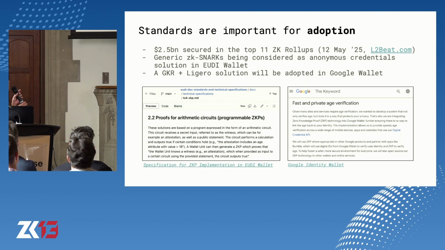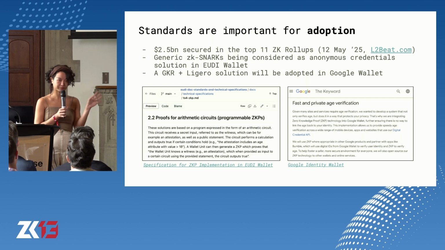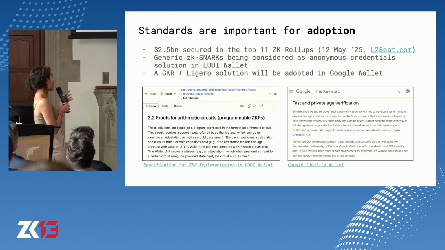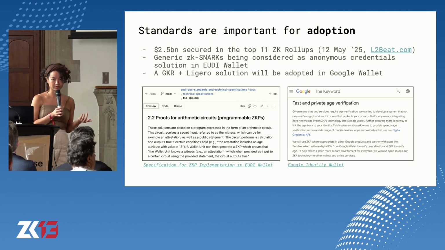So you may have seen the announcement from the Google team that they'll be deploying a GKR Ligero snark in the Google Wallet. And they are targeting the EU Digital Identity Wallet use case as well.